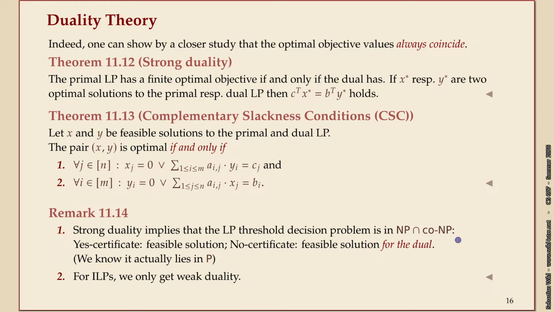And so we know that the decision problem is in NP and in co-NP, but we already know it's in P, so maybe that's not so surprising. For the integer linear programs, much of what's on this current slide breaks down, but the weak duality you can still rescue. That stays valid, and you can dualize integer linear programs in just the same way, using the idea of lower bounding the objective value.